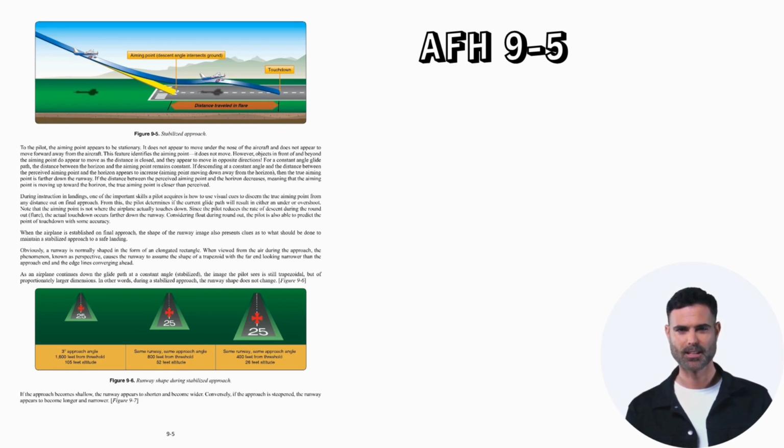As an airplane continues down the glide path at a constant, stabilized angle, the image the pilot sees is still trapezoidal, but of proportionately larger dimensions. In other words, during a stabilized approach, the runway shape does not change. If the approach becomes shallow, the runway appears to shorten and become wider. Conversely, if the approach is steepened, the runway appears to become longer and narrower.